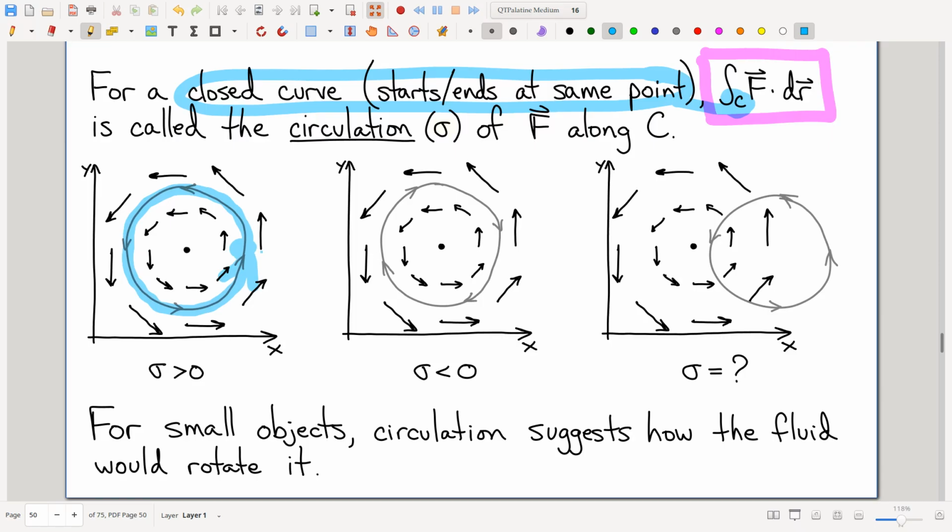When you're talking about a closed curve, the vector line integral, we give a name to this. We call it circulation. That's a little bit weird. We don't have a term for the general construction, but when it's around a closed curve, we give it a name, circulation.